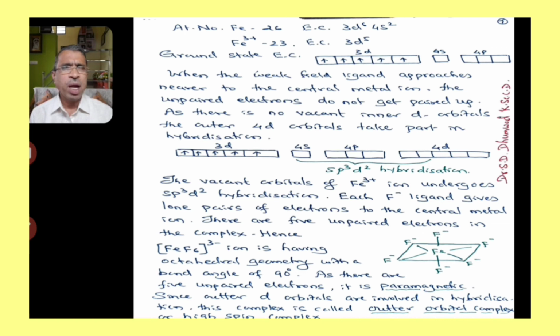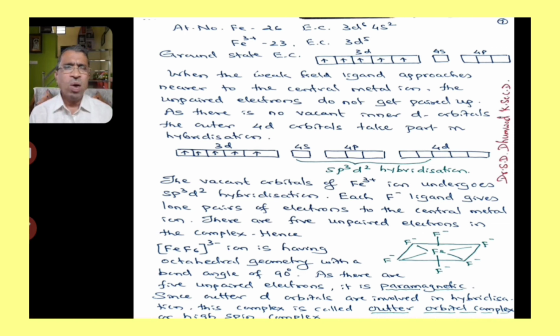There are 5 unpaired electrons in the complex. Hence, the hexafluoroferrate(III) ion has octahedral geometry with a bond angle of 90 degrees, and it is paramagnetic in nature.